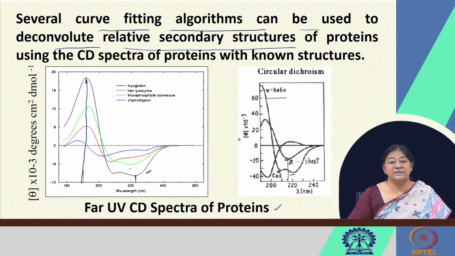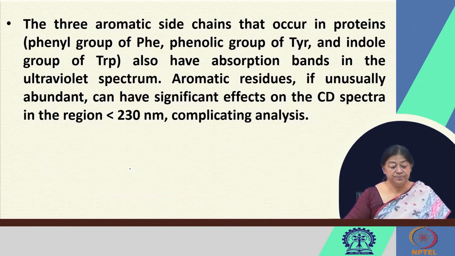So, we could look at IR variations, we could look at UV variations, and now we see that we can also look at circular dichroism variations that will tell us that there is a disruption in the protein structure because of denaturing conditions.